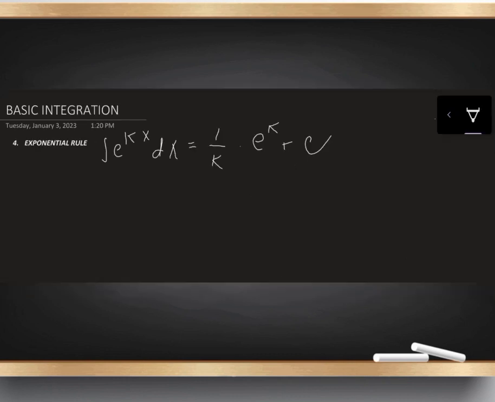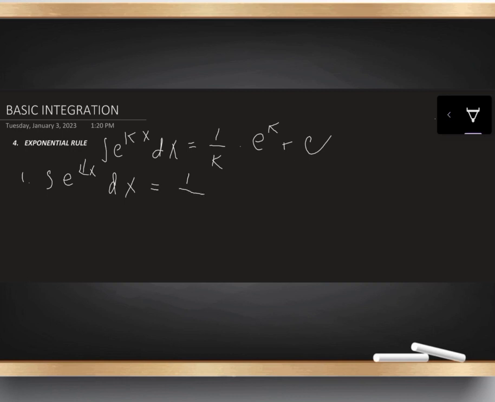For the next rule, which is the exponential rule, we have the formula: the integral of e raised to kx dx is equal to 1 over k times e raised to kx plus c. So let us try. The integral of e raised to 4x dx is equal to, let's follow the formula, 1 over k, so k in the problem is 4.